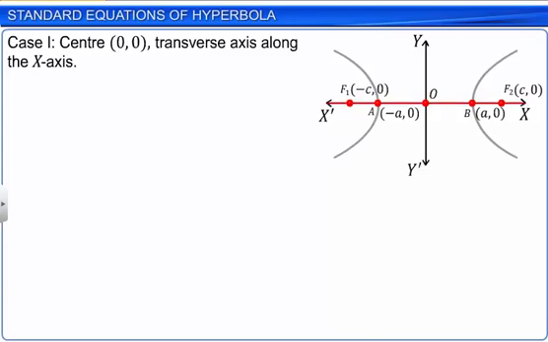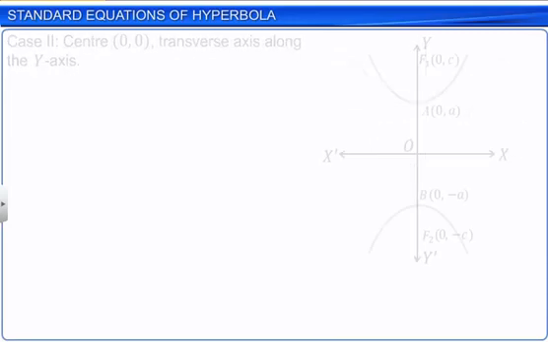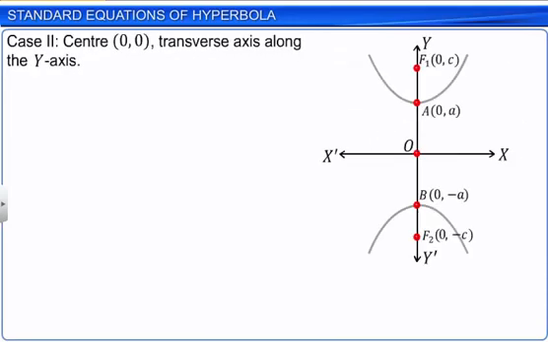In this case, the foci of the hyperbola lie on the x-axis. In the second case, we can have a hyperbola with its center lying on the origin and its transverse axis along the y-axis. In this case, the foci of the hyperbola lie on the y-axis.